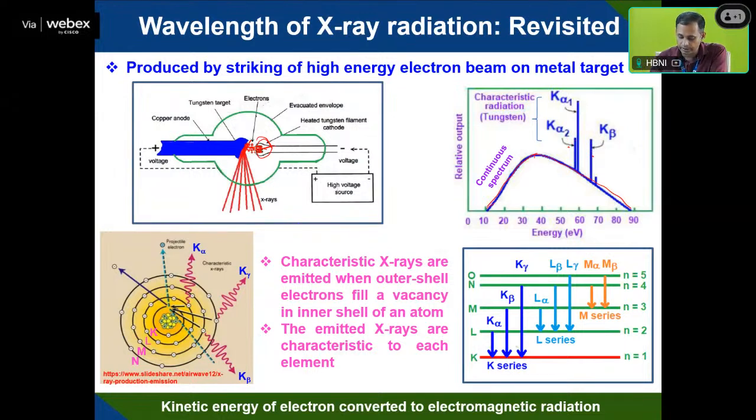As we discussed, K alpha is mainly produced from the L to K transition, beta from the M to K transition, and similarly gamma from the N to K transition. K beta can be separated by using a nickel filter, in the copper case, by the Z-1 rule, and K alpha 1 and K alpha 2 can be distinguished through synchrotron XRD. This we have already discussed.